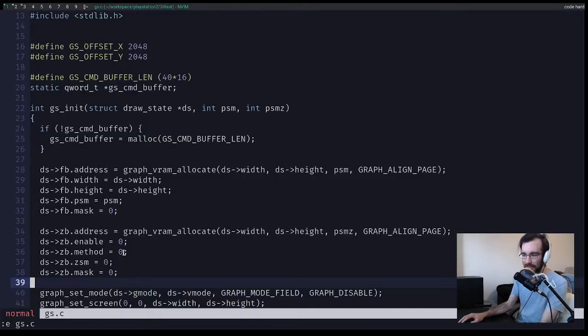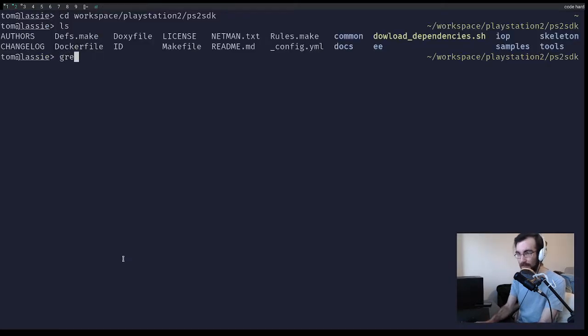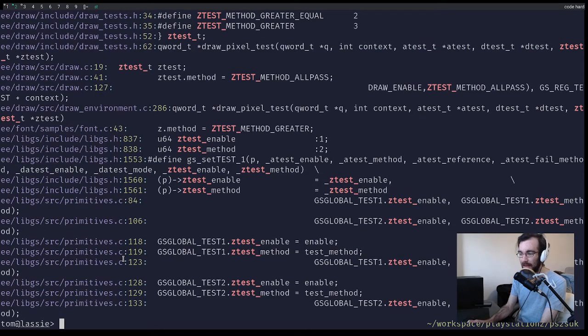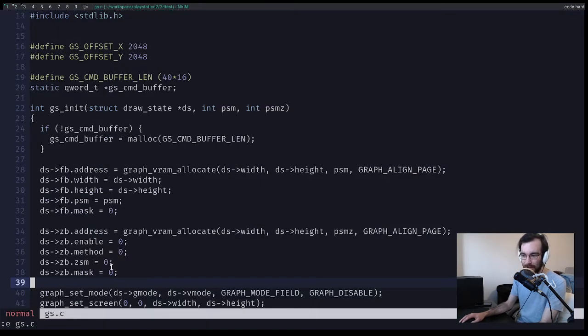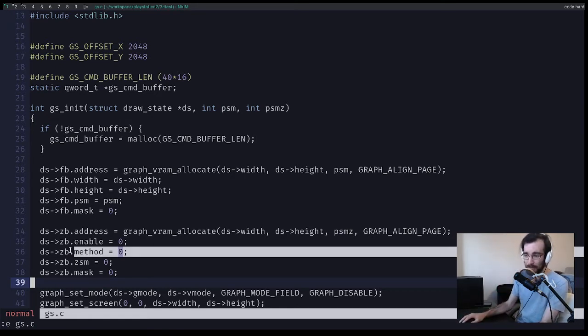If we look up the corresponding z-test method to 0, so let's grep z-test. Let's not ignore case. So z-test method all fail is 0. In other words, we're setting this method to say that every pixel should fail and nothing should be drawn while our z-test is enabled, which is a problem.